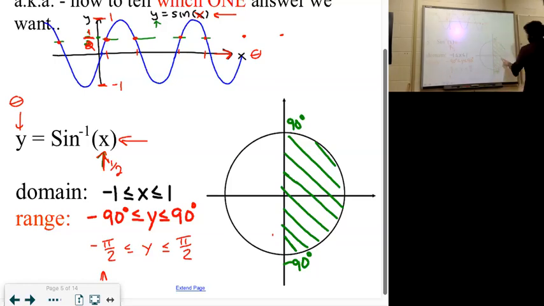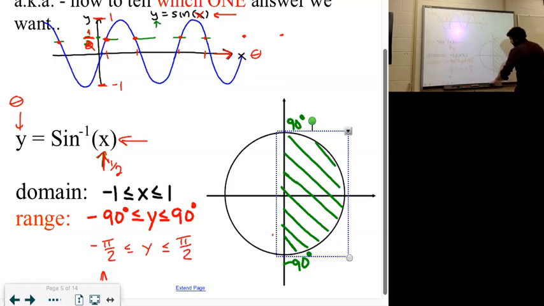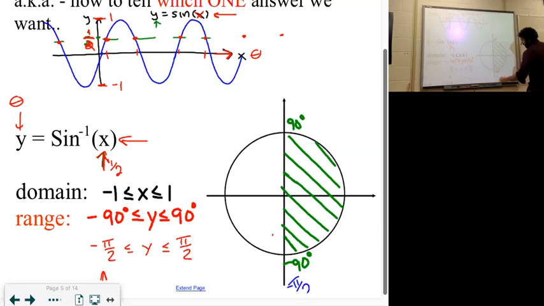Visually on the board, what I did was I shaded the two quadrants that correlate with the range and the domain of the inverse sine function. It basically runs from -90 degrees or -π/2 radians all the way up to +90 degrees or +π/2 radians. It's this rotation right there.